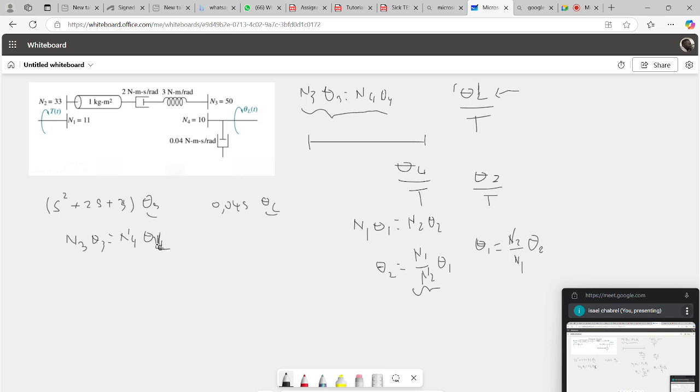If we want theta L to be the subject of the formula, it means that theta 3 here should be n4 over n3 theta L. Now remember, I said I'm going to include a new rule after this one. Basically, what I need is I want to make these two to be together.